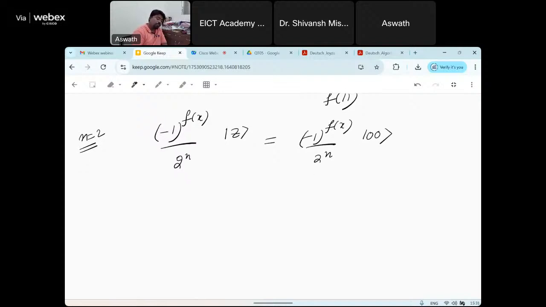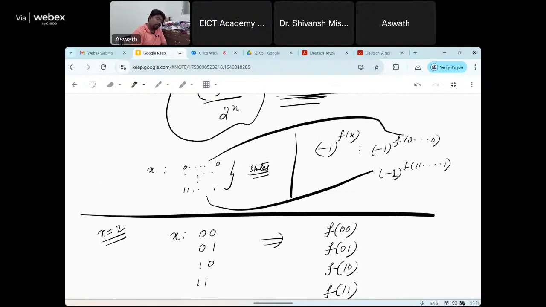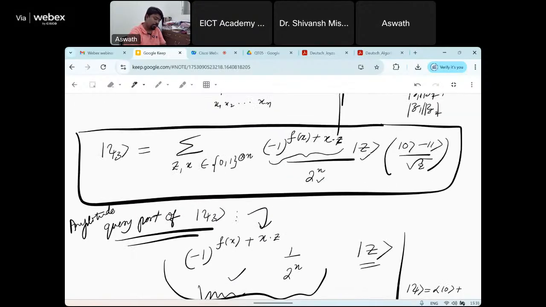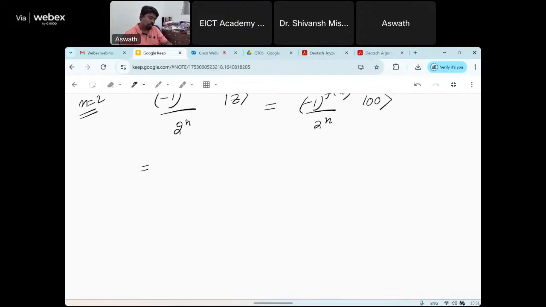Now, the overall amplitude. Let's find out the summation. There is a summation, this summation. So summation over z, summation over x, where z is 0 0 because all z's are zeros, of minus 1 to the power of f of x divided by 2 to the power of 2. Now z belongs to 0 comma 1 tensor square.